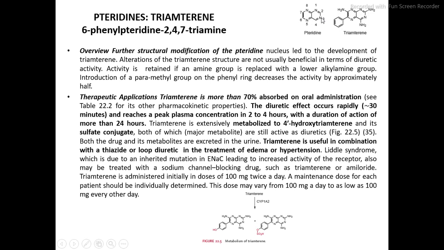So this is the numbering of your pteridine. What will be the IUPAC nomenclature? First we will name 6 phenyl, with numbering 1, 2, 3, 4, 5, 6: 6-phenylpteridine-2,4,7-triamine. Or, if we name this structure in alphabetical order, then it may be 2,4,7-triamine 6-phenylpteridine.